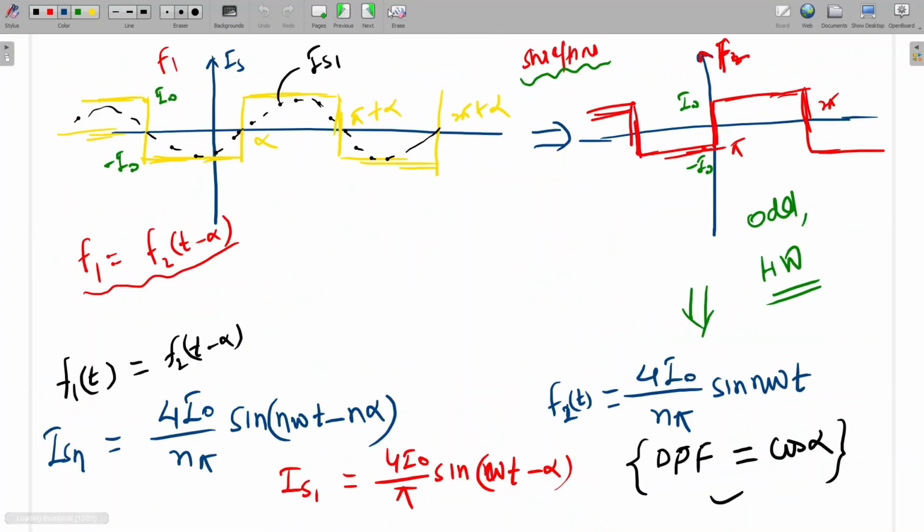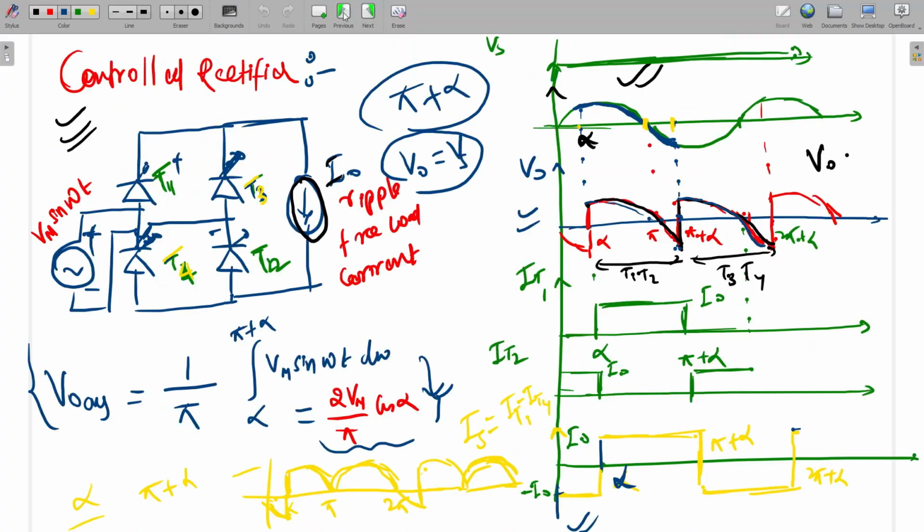Sir, from pi to pi plus alpha, I couldn't understand. Okay, I will explain again. See, from alpha to pi, T1, T2 is conducting. At pi there is a zero crossing, but since our output current is constant, highly inductive current, that current needs some path.